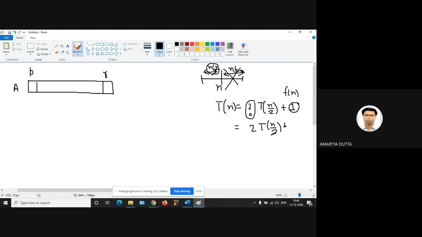In case of quick sort, you have to deal with n number of elements, so that your total function becomes n. But in case of binary search, you are interested with only one element. That's why constant.